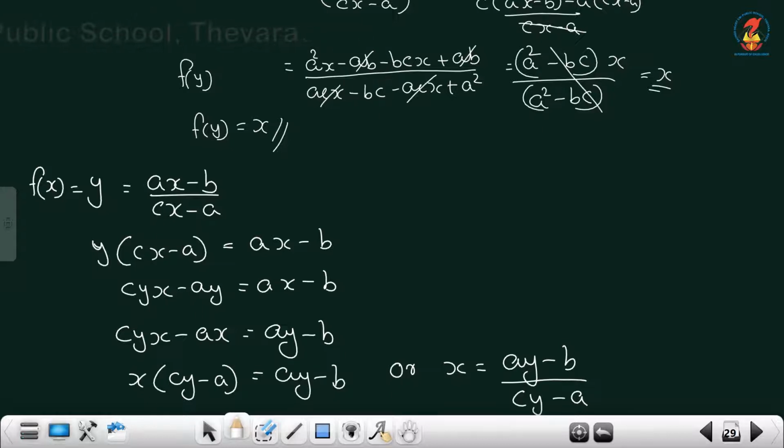Okay. f of x is (ax minus b) by (cx minus a). Here in the place of x we have y. So which implies x is equal to f of y. This is another method which is easy, that way you can do.